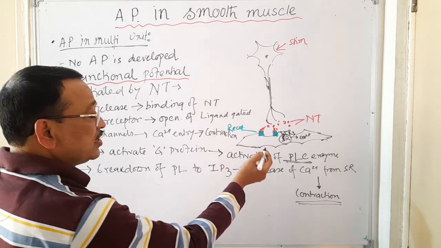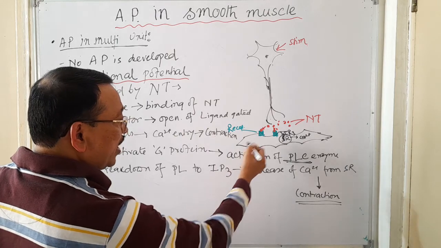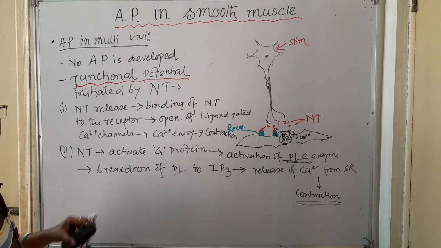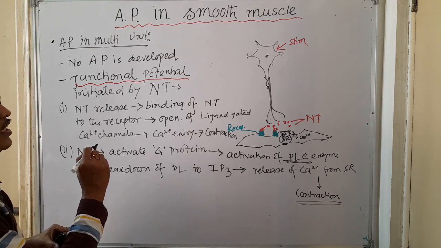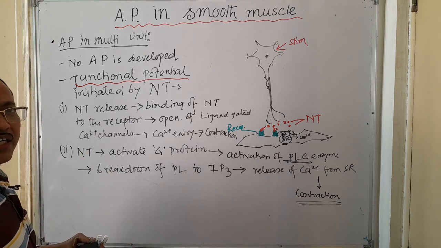So calcium ions from both sources result in the contractions of the multi-unit smooth muscle present in the iris muscles or the linings of the respiratory tract.